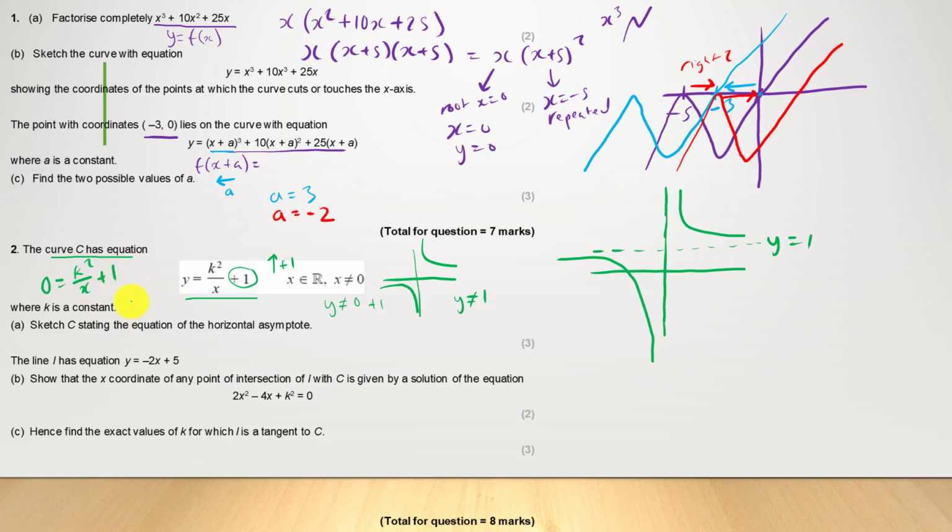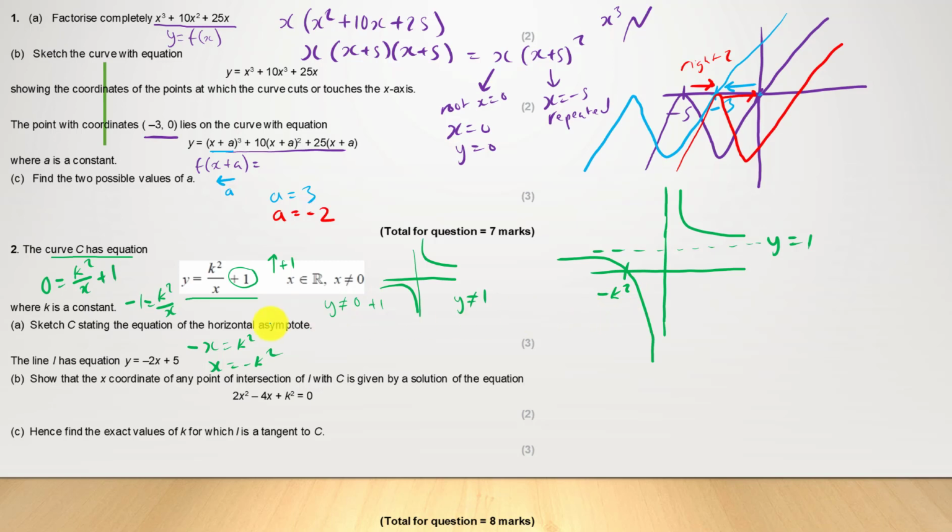So we're going to get minus 1 equals k squared over x. Times out by x, so we're going to get minus x equals k squared. Let's times that all by minus 1, so we're going to get x equals minus k squared. So just in case, that's minus k squared, right?